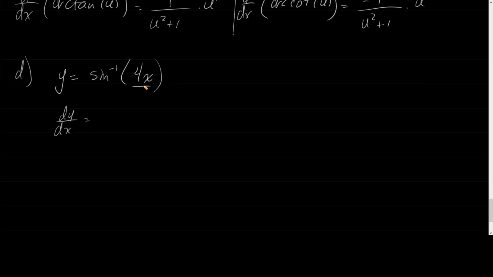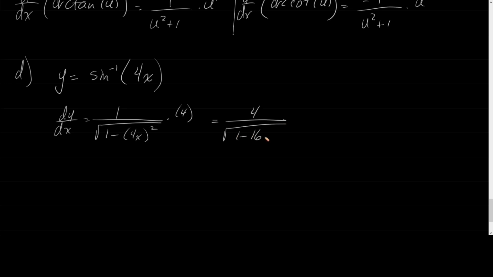So we have 1 over the square root of 1 minus u squared, and our u was 4x, times u prime, the derivative of the inside, that's by chain rule. So times 4. So what we really get here is 4 over radical 1 minus 16x squared.